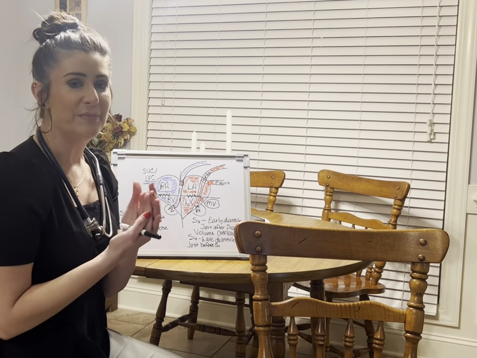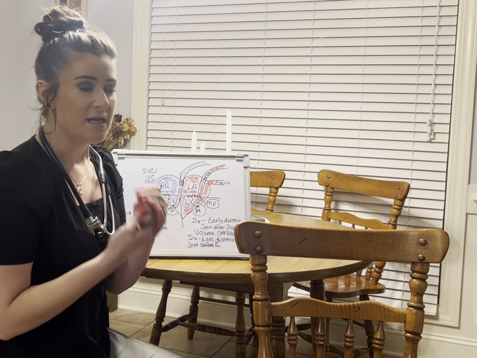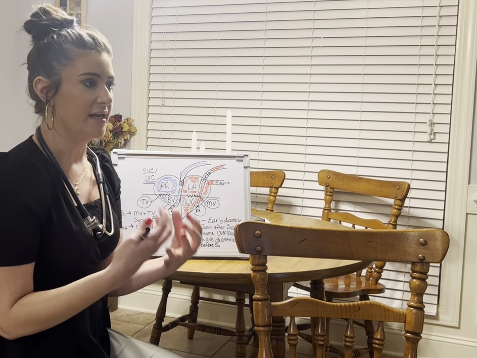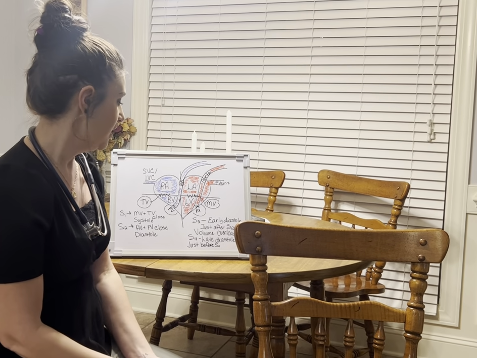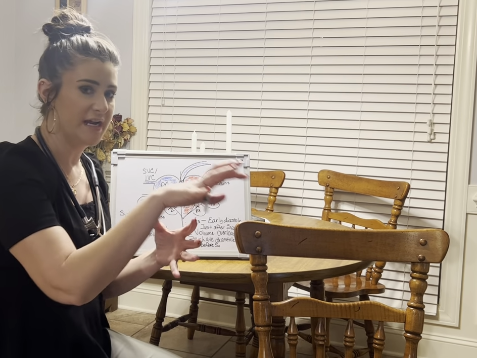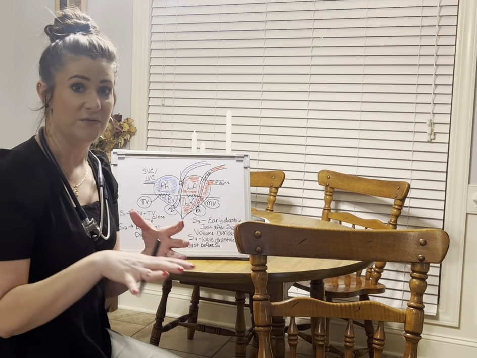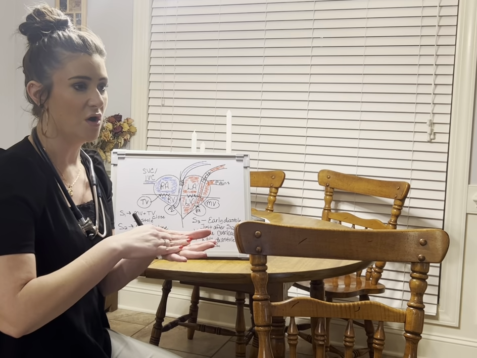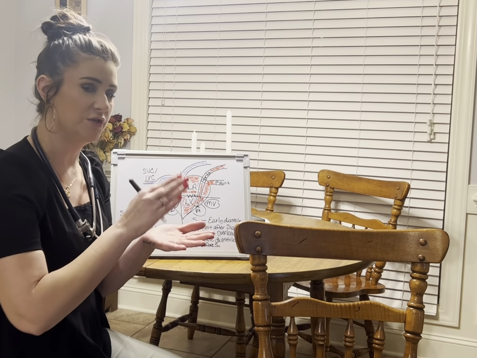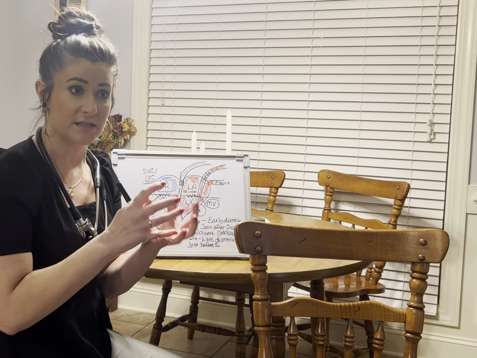And so what's happening in an S3 situation, what's producing that, is that there's a ton of volume being kind of forced down into that left ventricle. And you're hearing that volume kind of cause your mitral valve to do some funny things, okay?